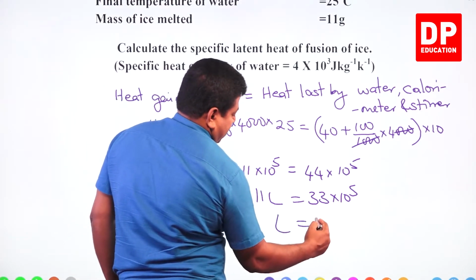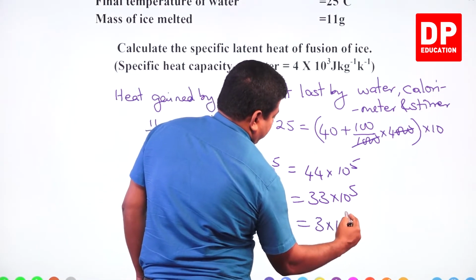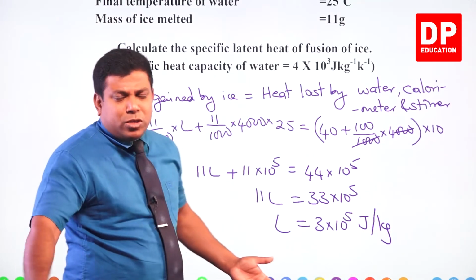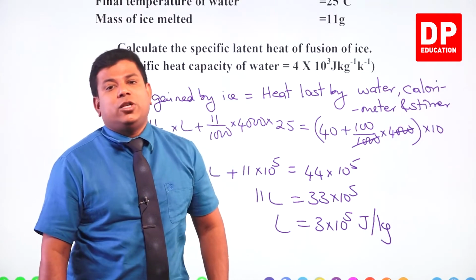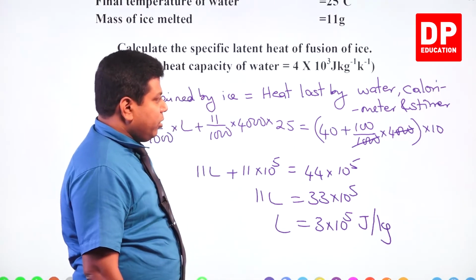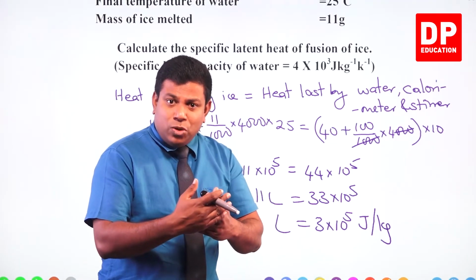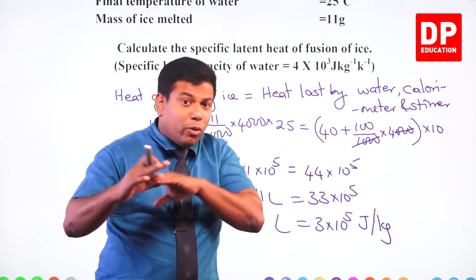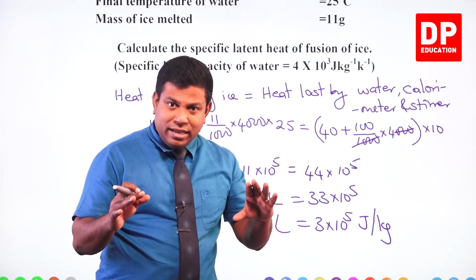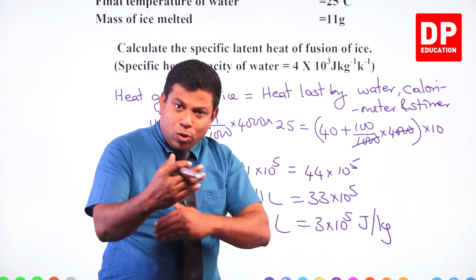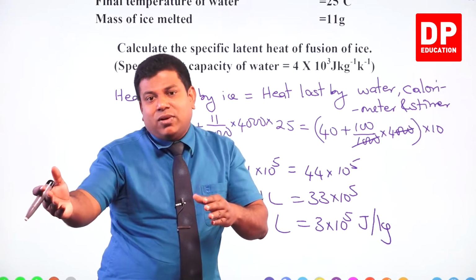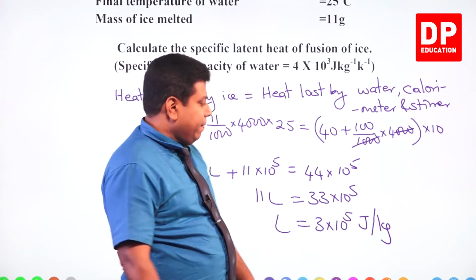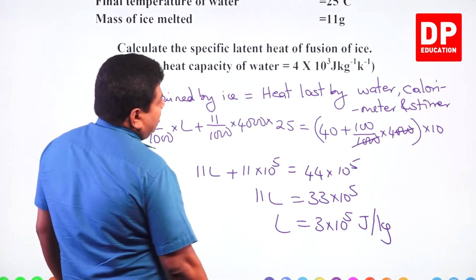L will be 3 into 10 to the power 5 joule per kilogram. That's the approximate figure. We usually take it as 3.3 into 10 to the power 5. Here we are getting 3 into 10 to the power 5. So when you get the answers, don't expect the answer to be exactly the same as the theoretical answers, because they won't give numbers like that. If it is close to the answer, fine. 3.3 is what we usually use. The answer we calculate and get is 3. Fine. That's good. Right, that's about this question.